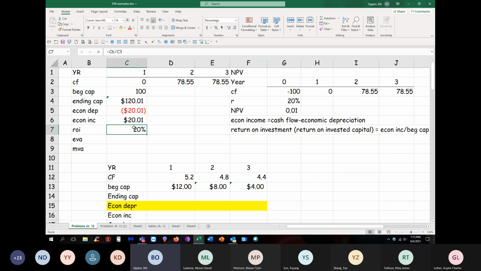Okay, and EVA is any amount that you earn above the cost of capital. So that's why it's called economic value added. Added to what? So economic value beyond the cost of capital.